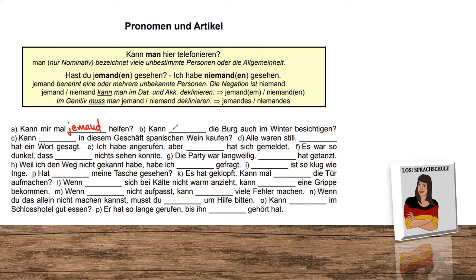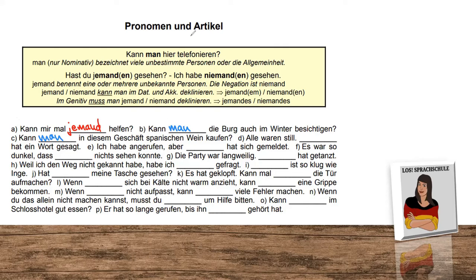Next one, kann man die Burg auch im Winter besichtigen? Can one visit the castle also in winter? Next one. Kann man in diesem Geschäft spanischen Wein kaufen? Can one buy in this store Spanish wine?